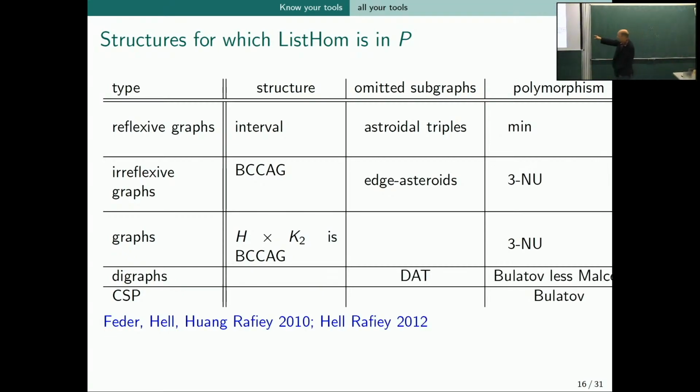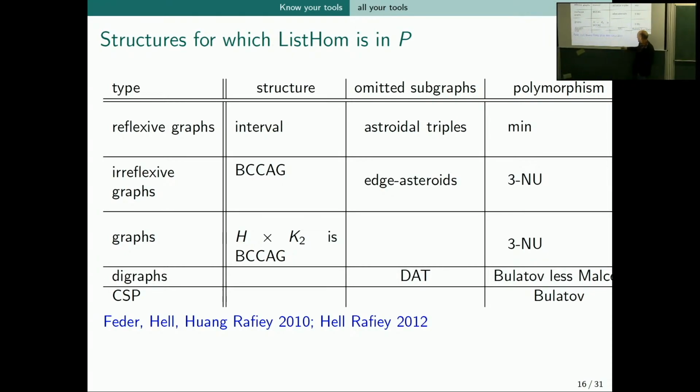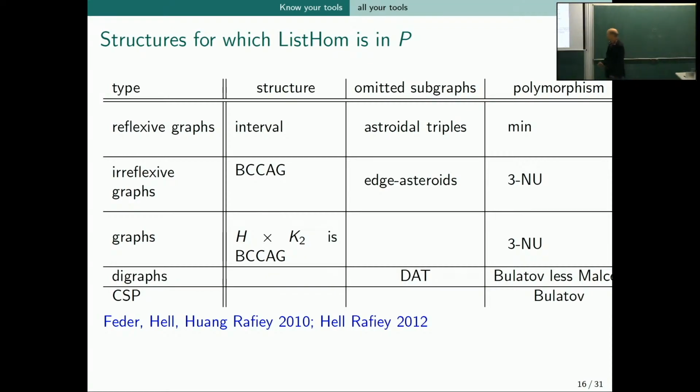And then for digraphs, Feder, Hell, and Rafiey, they did it for reflexive digraphs, and then Hell and Rafiey finished it for digraphs in general. They gave a characterization of the digraphs for which list homomorphism is polynomial time solvable. So for which there is this conservative WNU polymorphism. And so they had an omitted subgraph characterization of digraph asteroidal triples, another nasty thing.